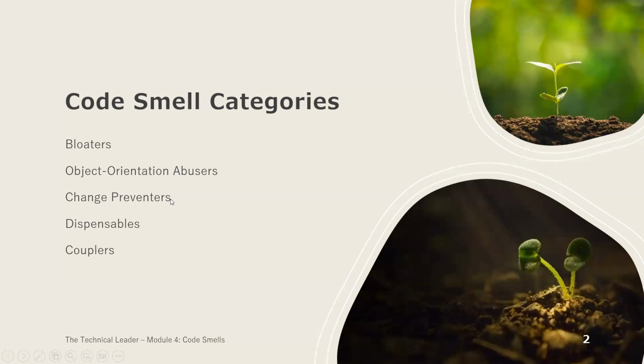Change preventers are things where you make one change here and you have to make a change in 3,700 other places, and it's just ridiculous. Dispensables are things that you don't really need. You can just get rid of them. And couplers are things that force the code to be tightly coupled, making it really hard to maintain, because you make a change here and it requires changes elsewhere.